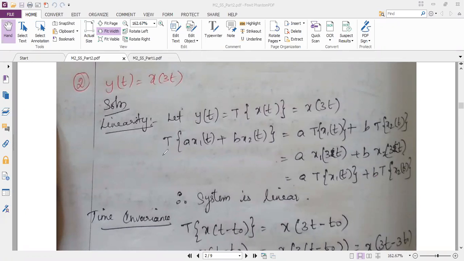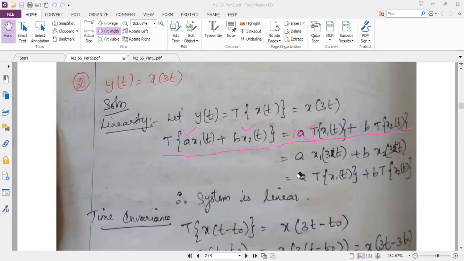The next is linearity. This formula you have to write on your own. T of a into x1 of t plus b into x2 of t is equal to, individually, now we have to split that summation, so a into T of x1 of t plus b into T of x2 of t.